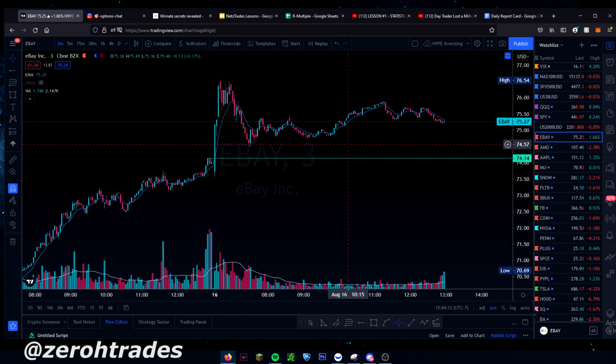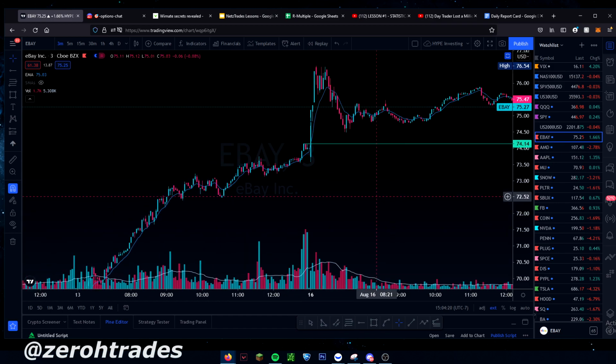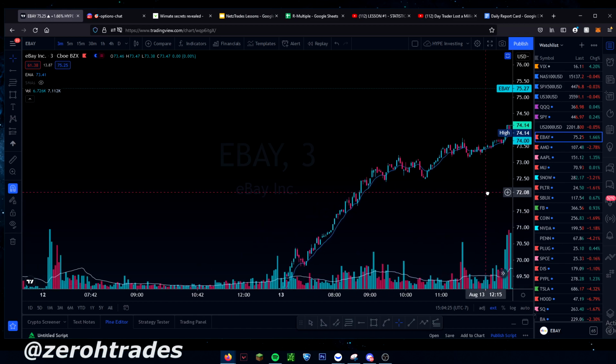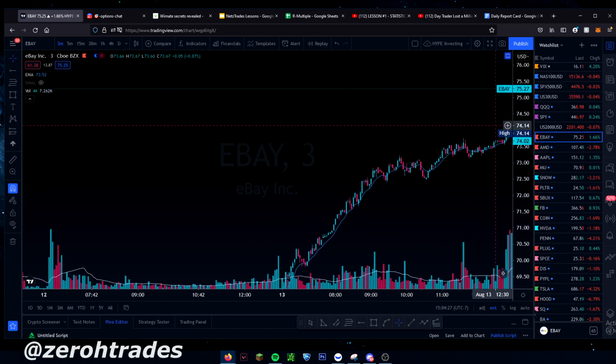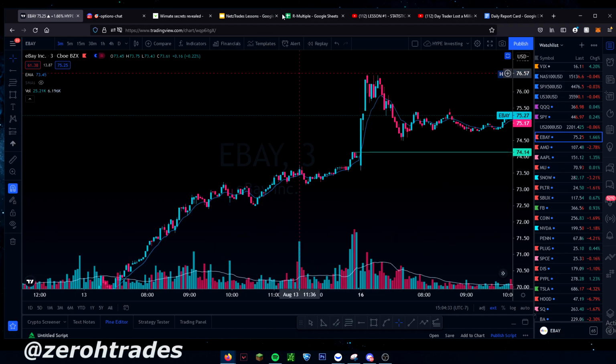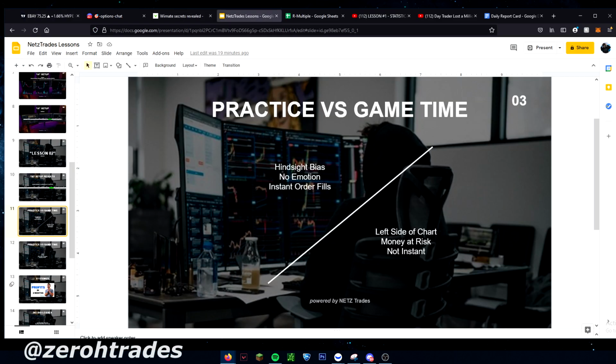So if I hadn't traded this, I could be like, oh yeah, I could have easily entered here and sold over here. But when you're actually trading, you don't have these three candles. You're just basing it off of these candles. So you have to make a decision here and not when you already know what's happened. So that's one issue that comes when you're practicing: you have a lot of hindsight bias.